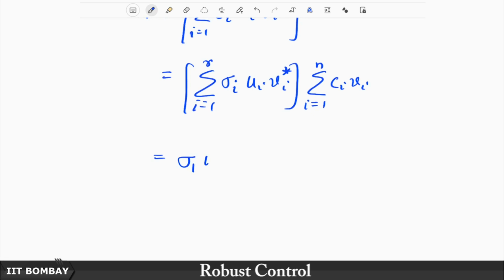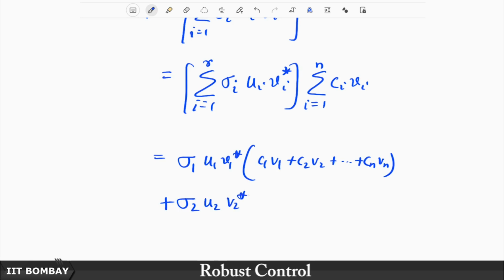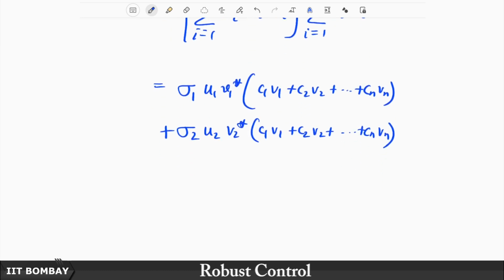So, you have sigma 1 u1 v1 Hermitian times c1 v1 plus c2 v2 plus dot dot dot till cn vn, plus sigma 2 u2 v2 Hermitian times c1 v1 plus c2 v2 plus dot dot dot till cn vn, plus dot dot dot, and finally you arrive at the last term, that is sigma r ur vr Hermitian times c1 v1 plus c2 v2 plus maybe there is cr vr somewhere.